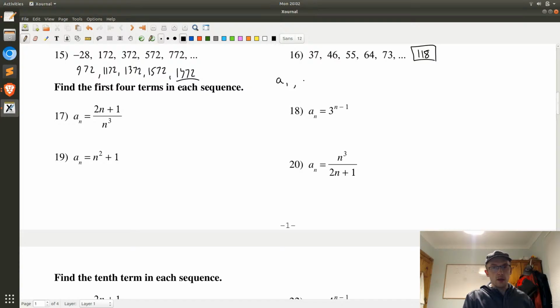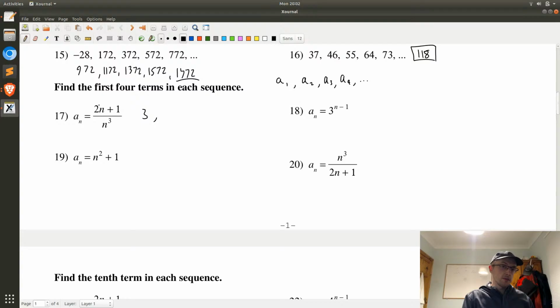That's the first term of just any sequence that you can think of. The second term is A2, the third term is A3, the fourth term is A4, and so on. So to get the first term of this sequence, in other words, A1, I just need to stick 1 in there. So if I do that, it'll be 2 add 1, so that's 3, and 3 divided by 1 cubed, which is 3.